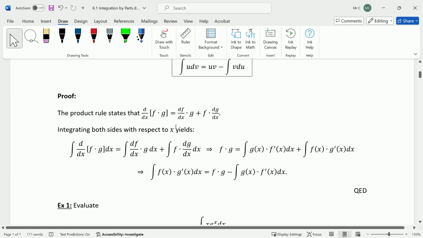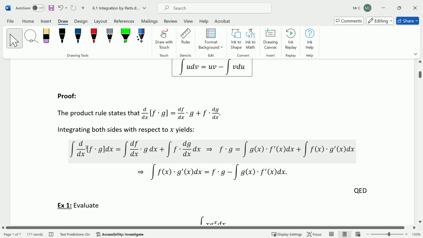So we integrate both sides of this equation, and we get the integral of the derivative of f times g with respect to x equals the integral of df dx times g plus the integral of f times dg dx. So now we've integrated both sides, and what do we see?